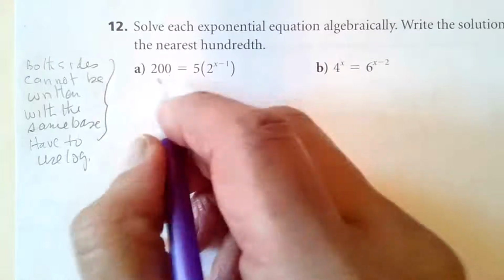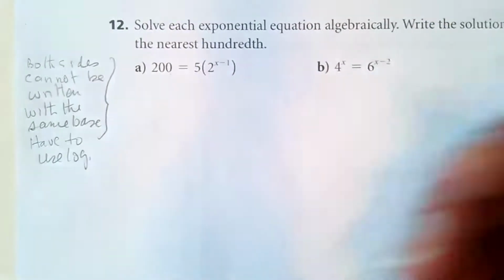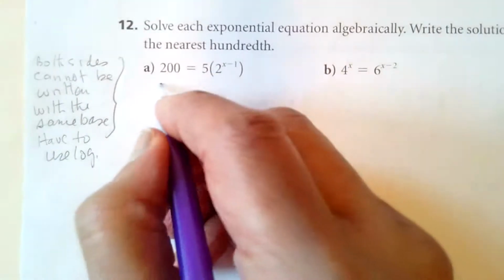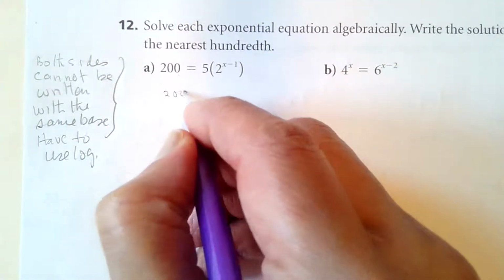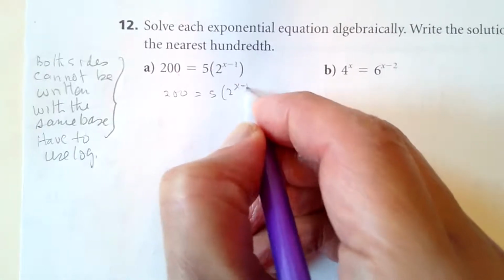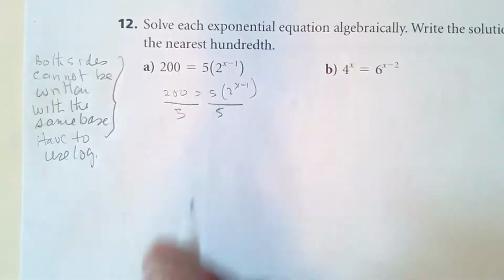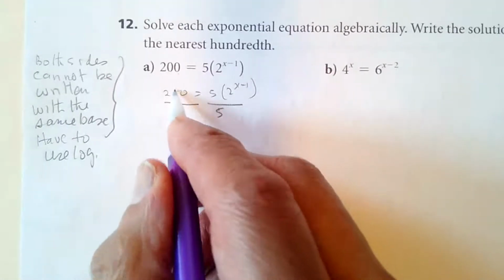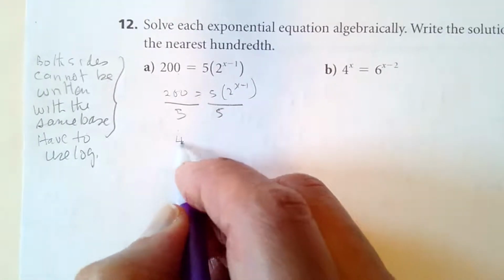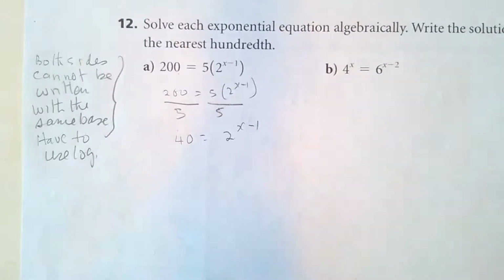First of all, let's simplify this. So we can divide both sides by 5. So we have 200 and 5 times 2 to the x minus 1. Divide both sides by 5. So we have, 5 goes into 200, 40 is equal to 2 to the x minus 1.